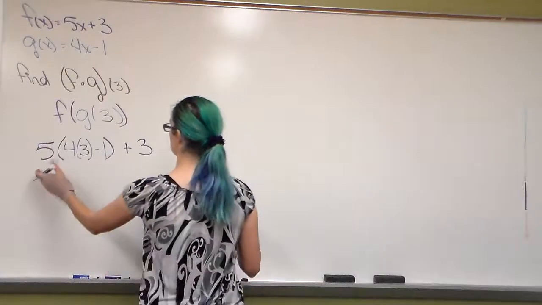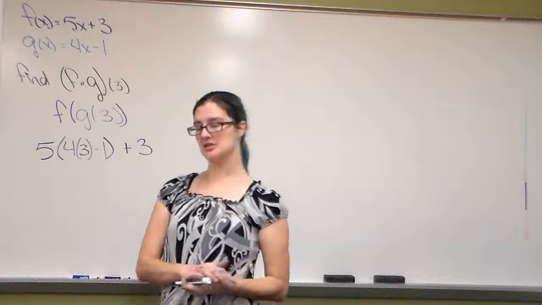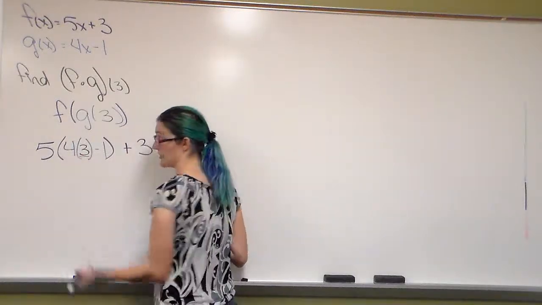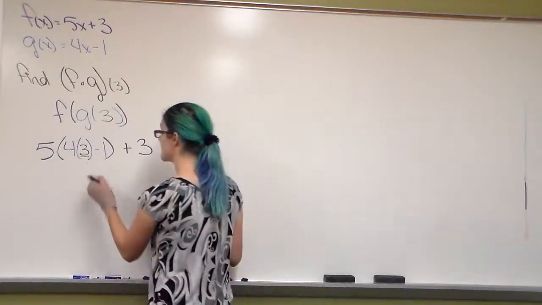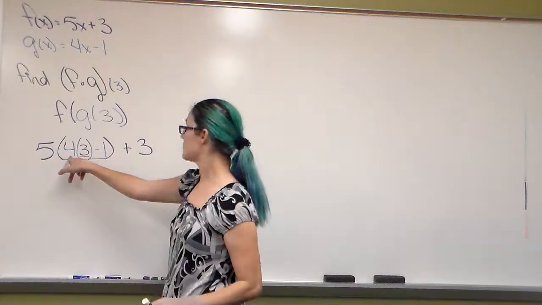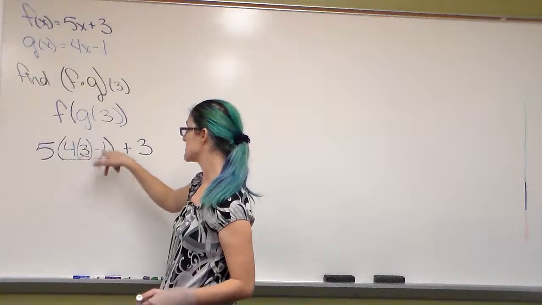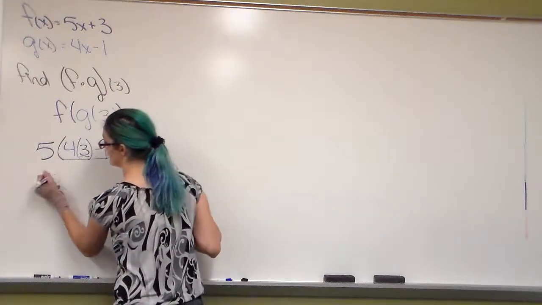Okay? So once you get this, from this point on, it's order of operations. You start inside the parentheses. I can't do anything to 3, so that inside of the parentheses is done. So then you go to inside the next set of parentheses. And inside here, we're going to do the multiplication. 4 times 3 is 12. And the subtraction, 12 minus 1, is going to be 11.